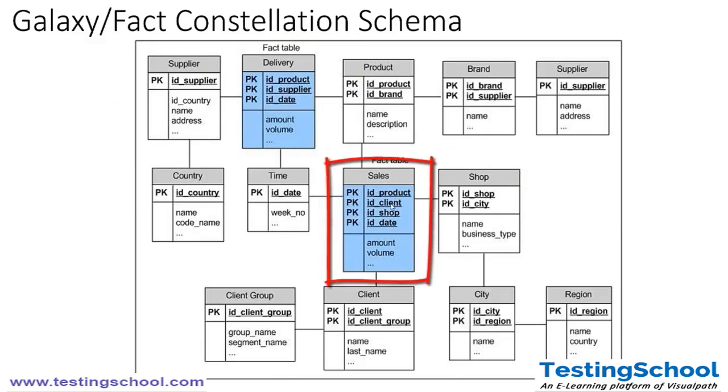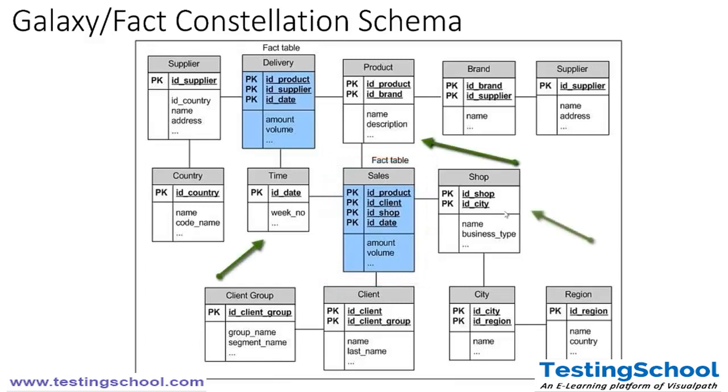The sales fact, which is the second in the schema, also contains product and time, along with other dimensions like shop, client, with multiple dimensions, right? So it is also possible to share dimensions between fact tables. For example, time and product dimensions.